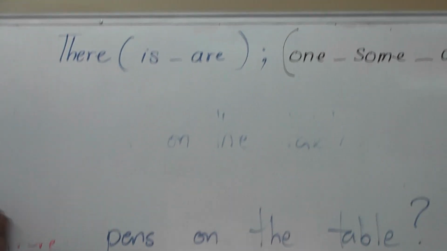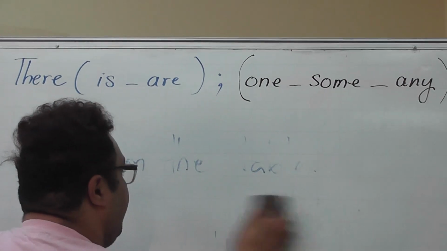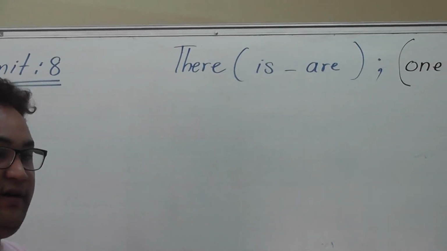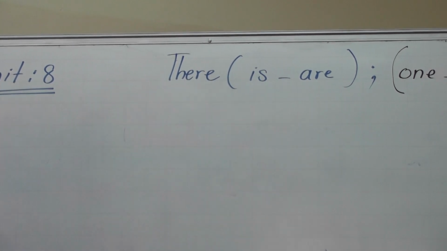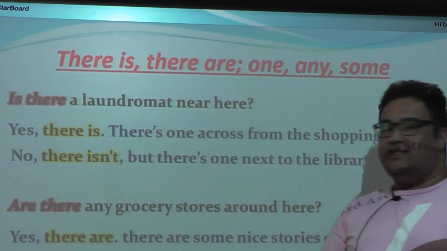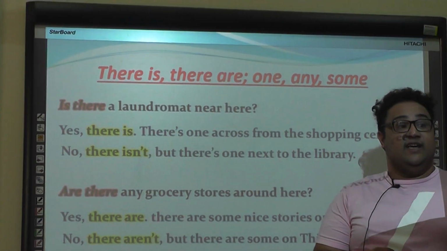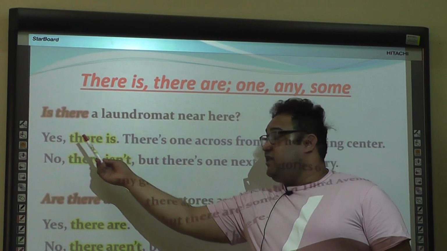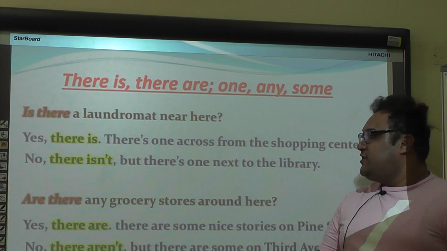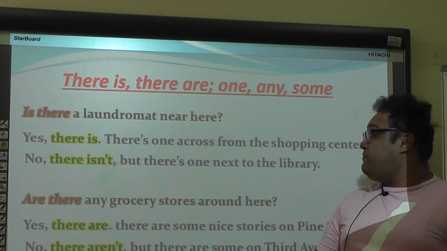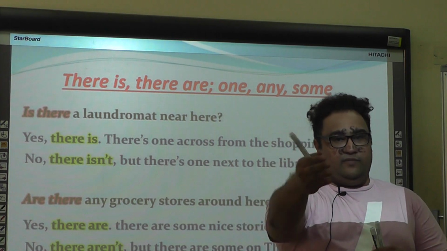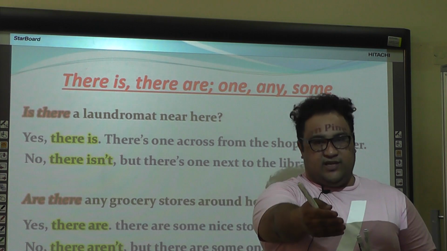Let me give you one example. Is there a laundromat near here? Yes, there is. There is one across from the shopping center. Take note that we made use of the preposition across from. It's on the opposite.